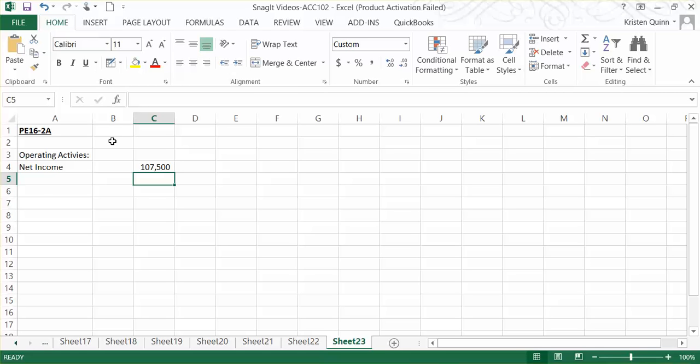We know, though, that net income doesn't necessarily reflect cash because we do revenues on account and we have some expenses that actually don't have any cash impact. Remember, it's a statement of cash flow.